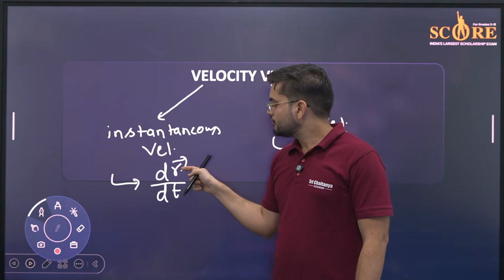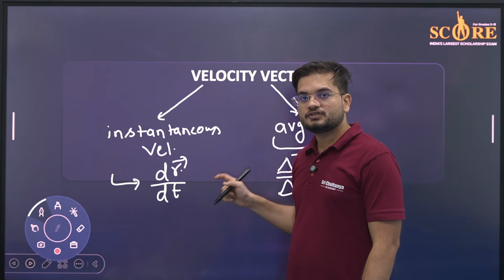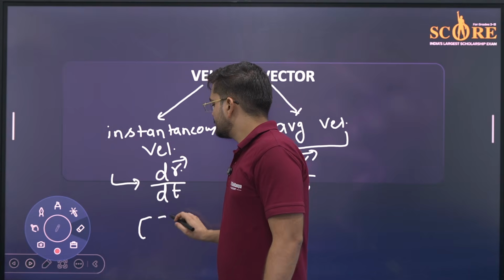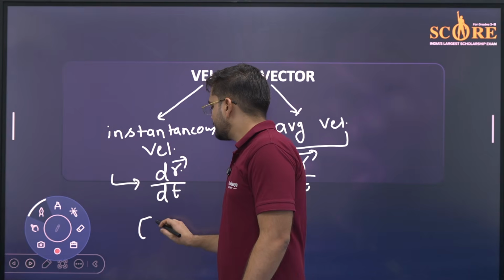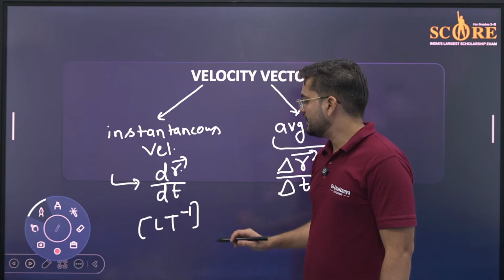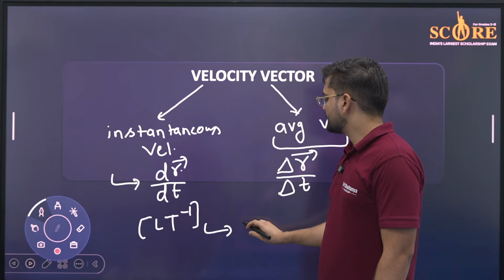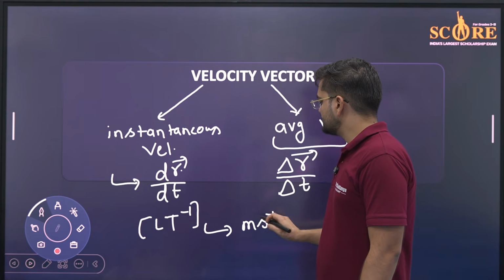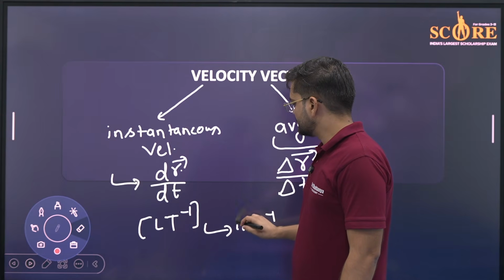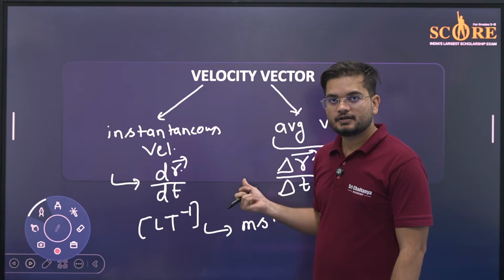For displacement we use L, and for time we use T. So the dimensional formula of velocity will be LT^-1, and the SI unit of velocity will be meter per second. Meter per second is the SI unit of the velocity vector. Clear?